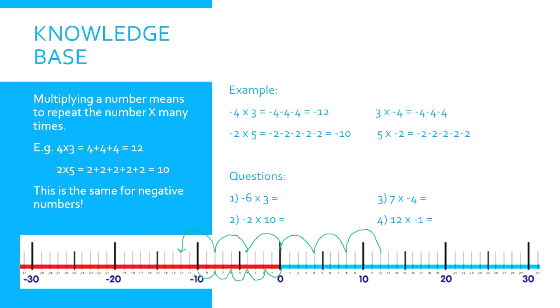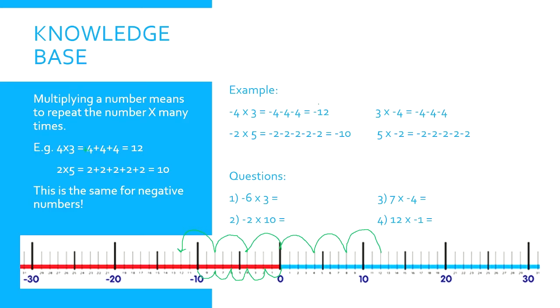So it's almost like there's a mirror line going down the centre of our number line from where the 0 is, and then we're just reflecting the times tables over in the other way. It doesn't matter whether I write it as 3 times negative 4, or negative 4 times 3, or 5 times negative 2, or negative 2 times 5. What we're doing with these numbers is exactly the same each time.